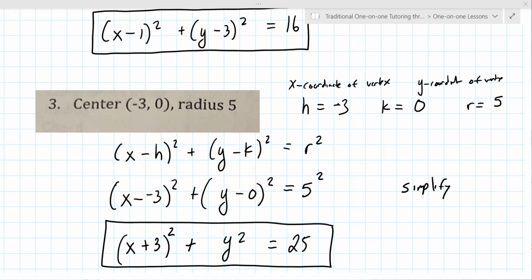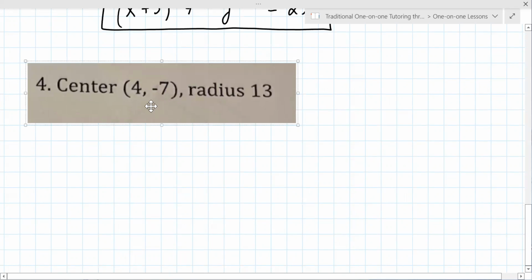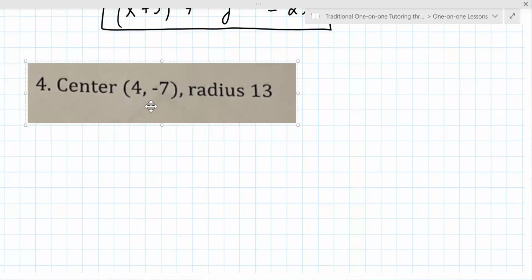Are you ready to move on to the next question? Okay, so I want you to try number 4 on your own, and I want you to ask me questions if you're unsure about how to do this problem. But this is no different than we've done a bunch of problems like this already. It's the same as we've been doing.